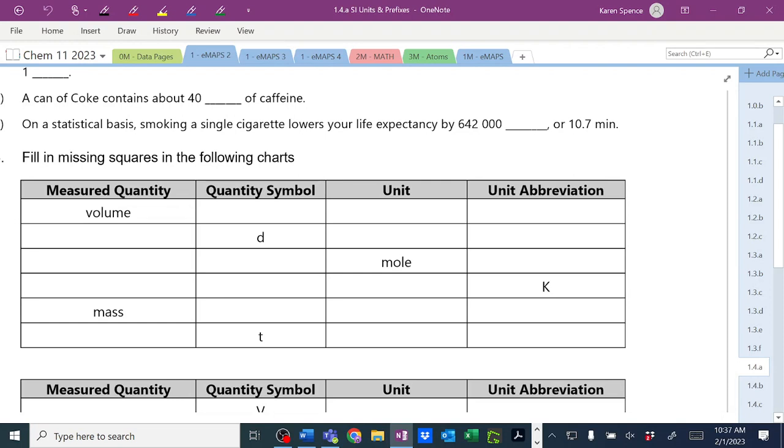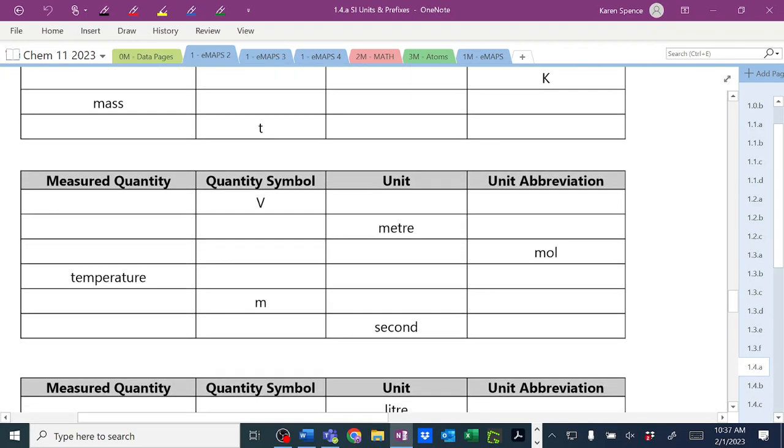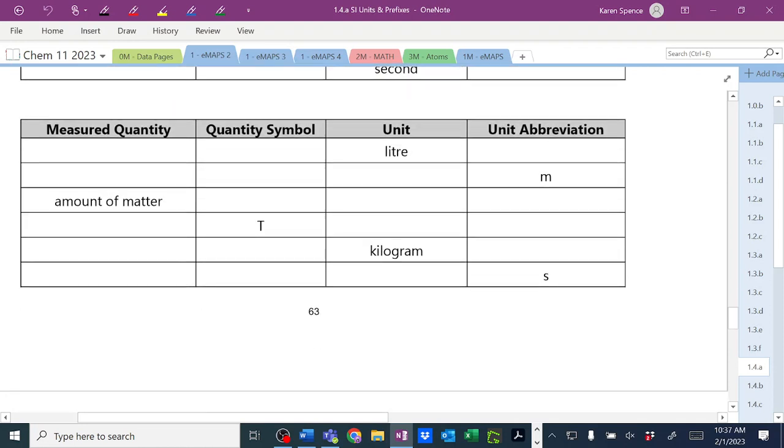Except that it might not have volume, V, liter, mole, temperature, T. Instead, it might have V, liter, mole, temperature, M, second, or it might have liter, M, amount of matter, T, kilogram, S. You will have one thing given to you in each line, okay? So you need to be able to fill in the rest of the table.